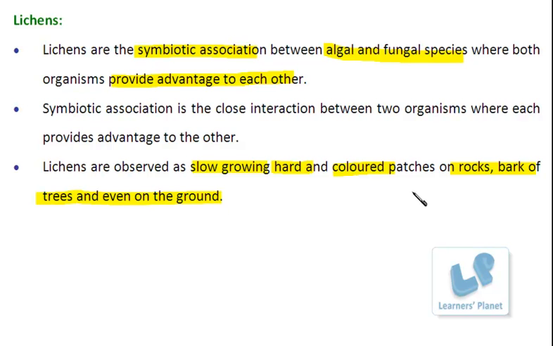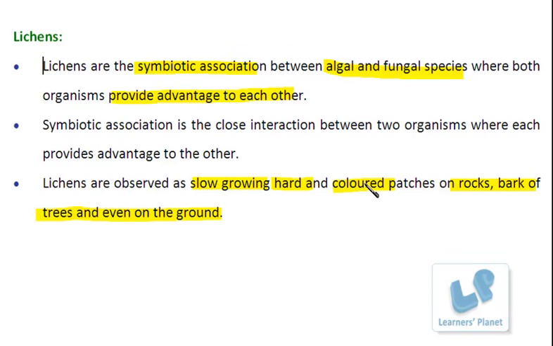See, in the monsoons, generally in the rainy seasons or in moist conditions, you can observe some patches on the rocks or on the bark of the trees. So what are they? They are the lichens.